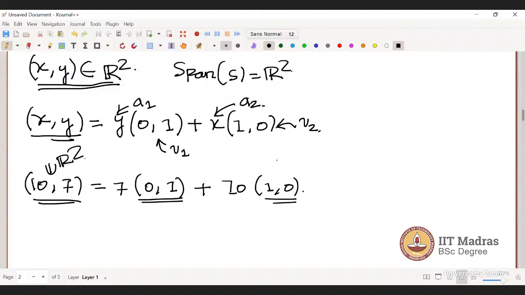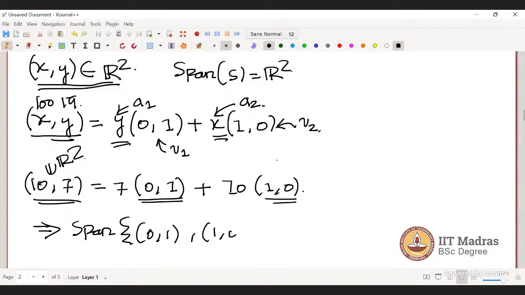Take some element, maybe 119: you just replace the value of y here and the value of x here, and you can write that element as a linear combination of (0, 1) and (1, 0). So I can write all the elements of R2 as linear combinations of (0, 1) and (1, 0). What I basically proved is that the span of (0, 1) and (1, 0) is R2.